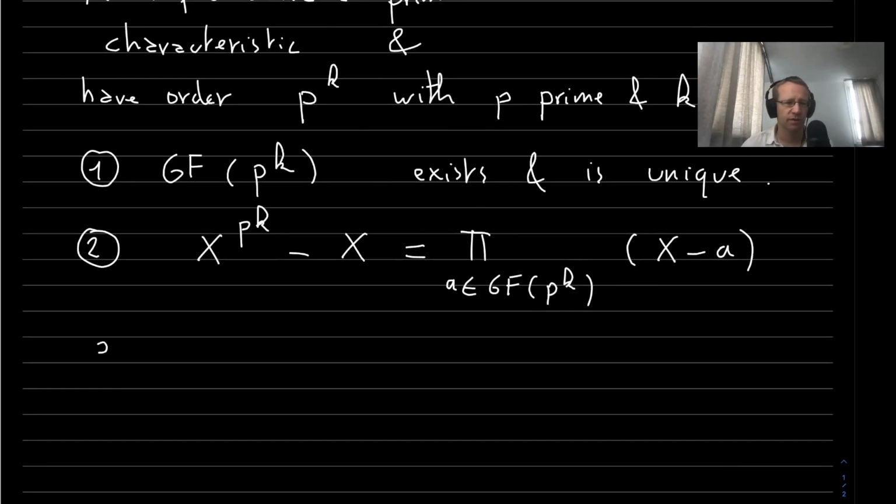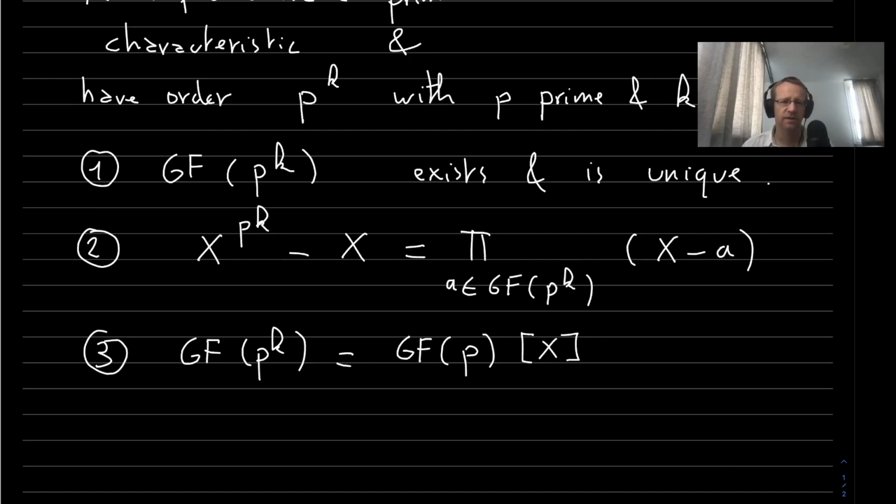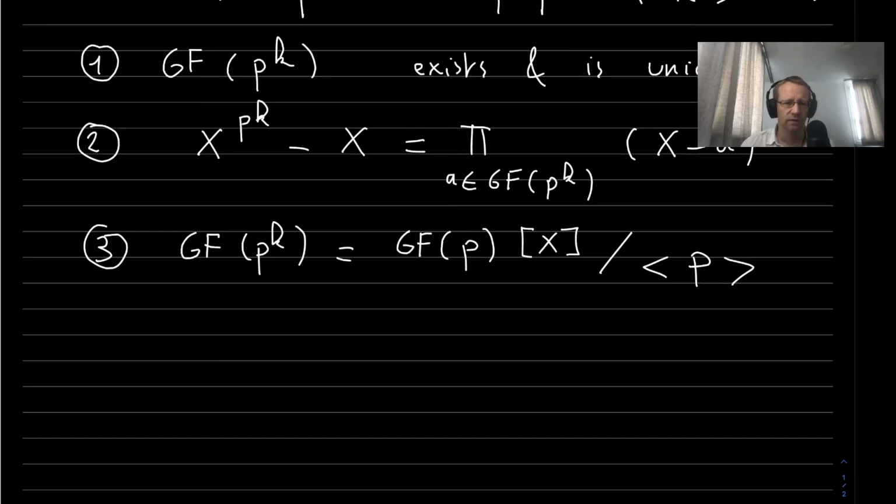And the third property is that we can also construct the finite field of order p to the k as a quotient ring, where the ring is a ring of polynomials with coefficients in the finite field of order p divided by a polynomial, where first of all it should be remarked that the finite field of order p is nothing but Zp.